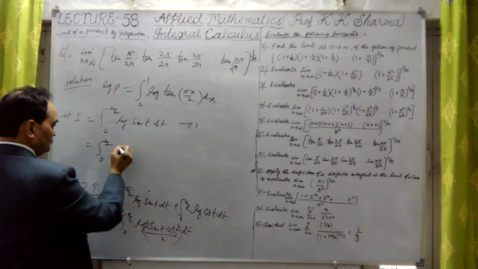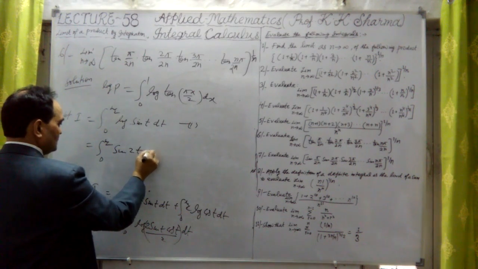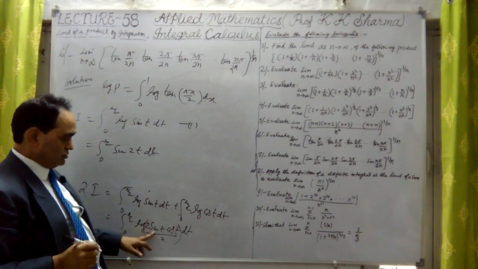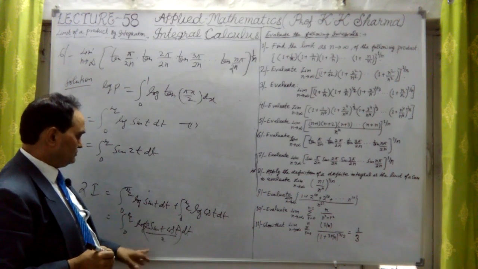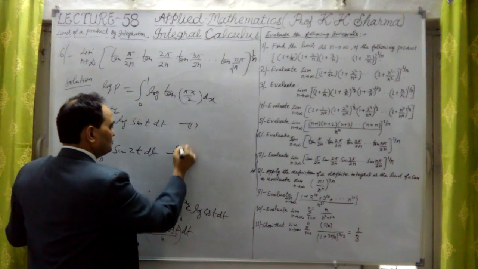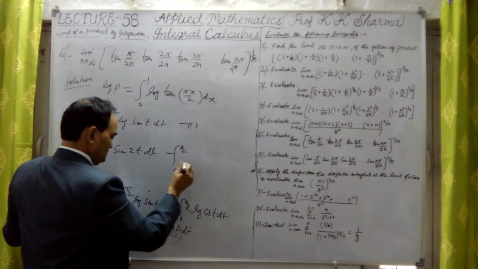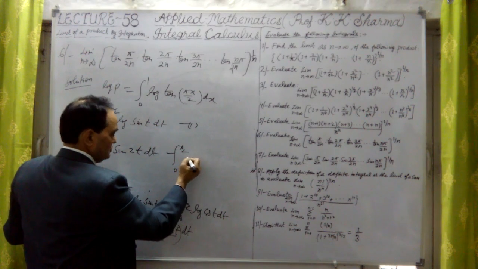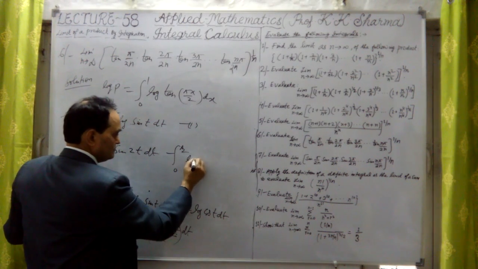The integral from 0 to pi by 2, first is log sin 2t dt, since 2 sin t cos t is sin 2t. Log sin 2t in the numerator minus log 2 in the denominator.